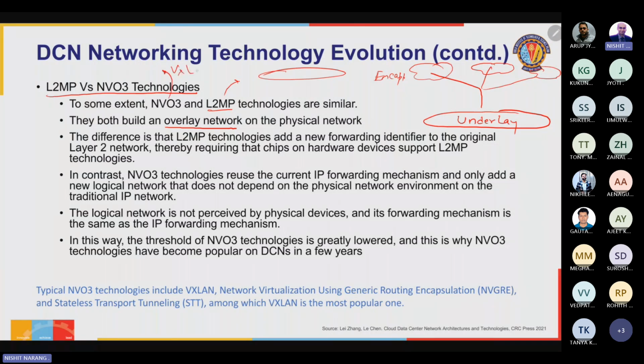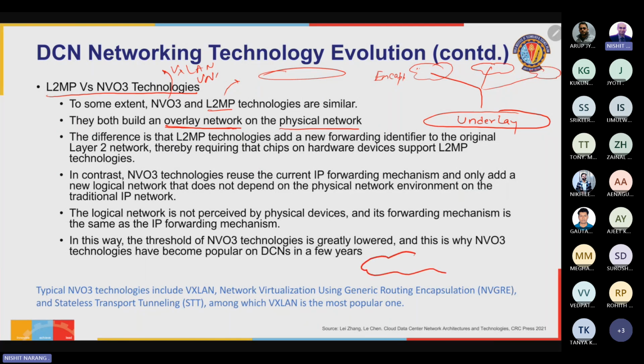An NVO3 protocol like VXLAN has a new identifier called the VNI, the VXLAN network identifier. That is what is used instead of VLAN ID to identify a tenant network. So they both are building overlay networks on the physical network and using tunneling as a technique for carrying traffic through the underlay network.